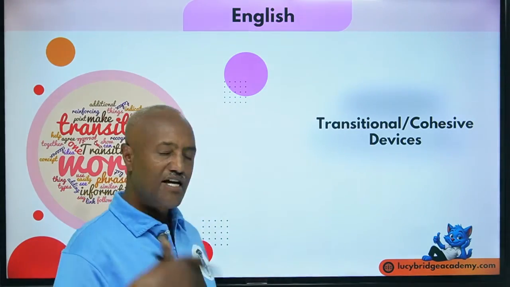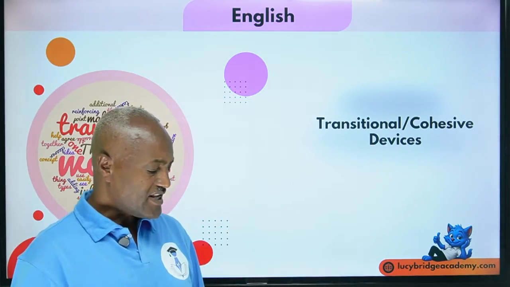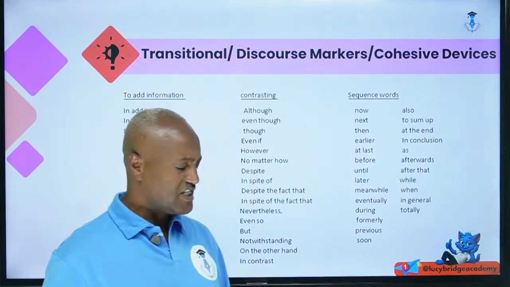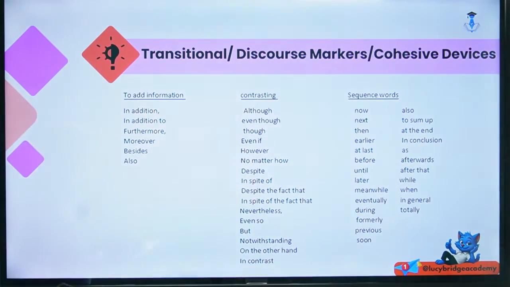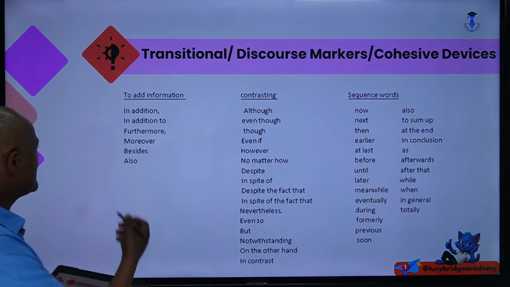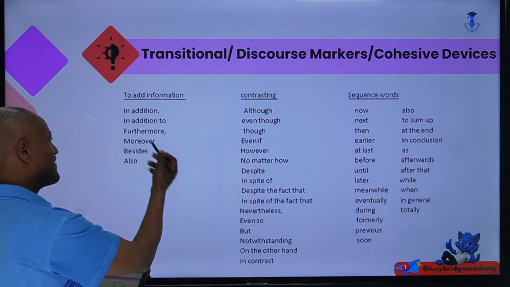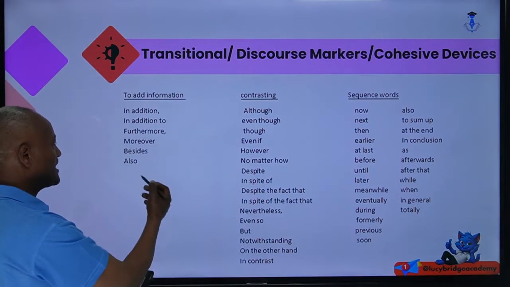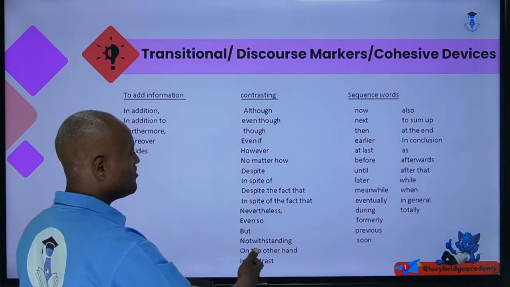The other point that we see today is transitional causative devices. Sometimes we call them discourse markers. According to the topic, for instance, when we intend to add information, we can use in addition to, furthermore, moreover, besides, also. When we talk about contrasting, we have these.